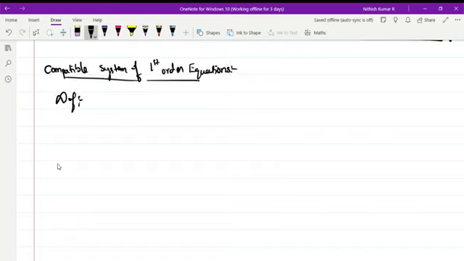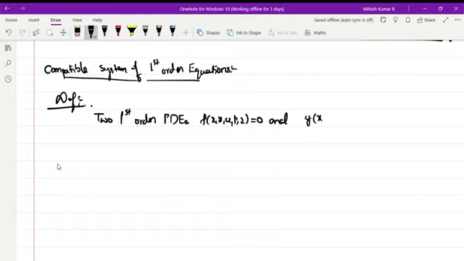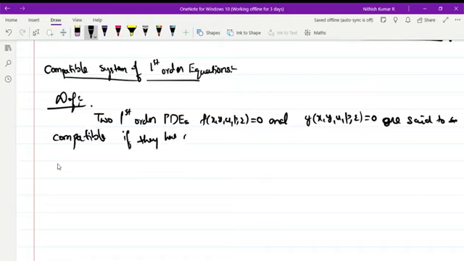So let's see a definition. Two first order partial differential equations, say f of x, y, u, p, q equal to 0 and g of x, y, u, p, q equal to 0, are said to be compatible if they have a common solution.